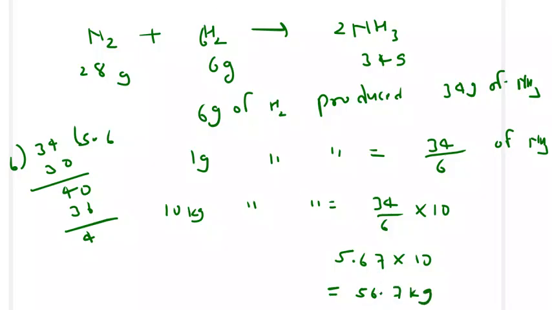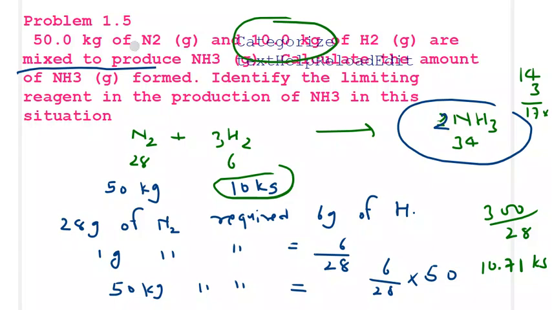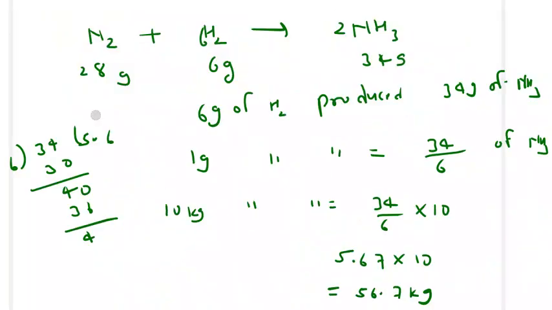This means if we take 50 kg of nitrogen and 10 kg of hydrogen, then we get 56.7 kg of ammonia. Okay, next question.